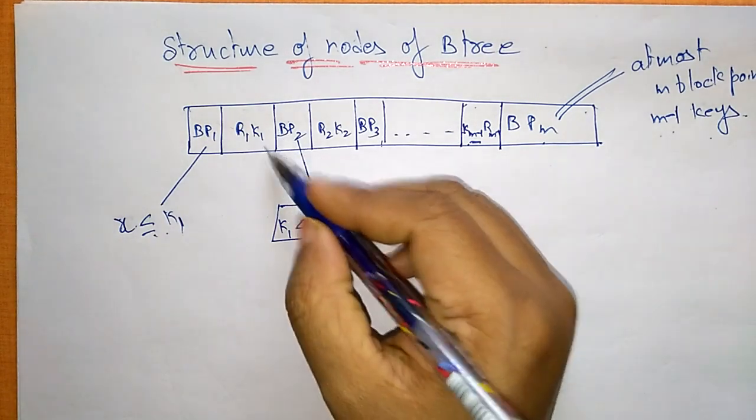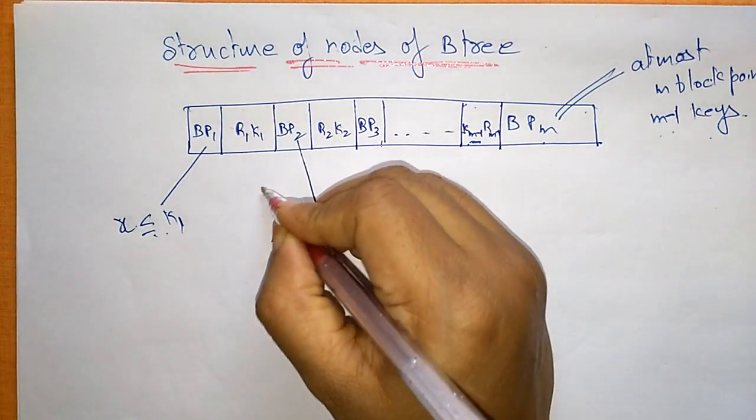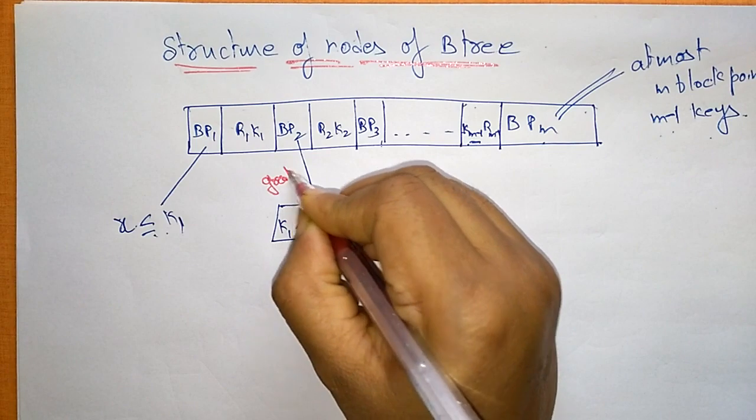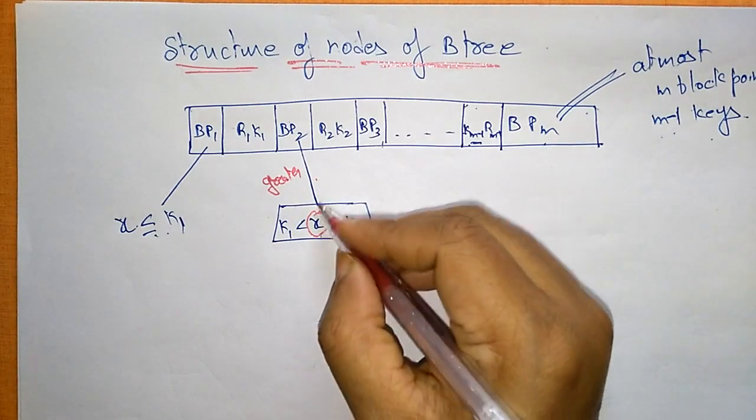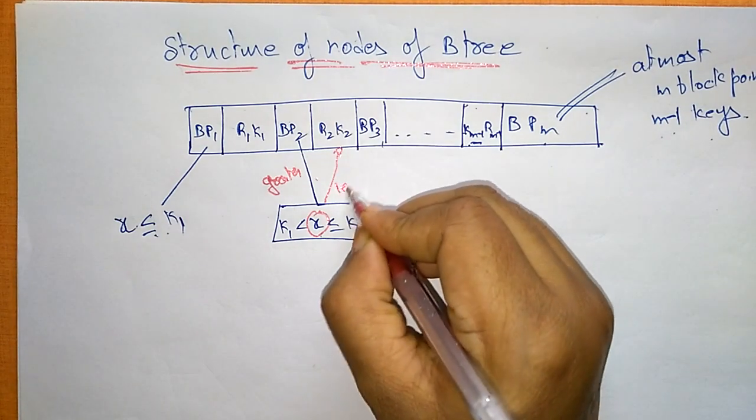So this x value should be greater than k1, and this x should be less than k2. Okay, when you compare here, it should be less.